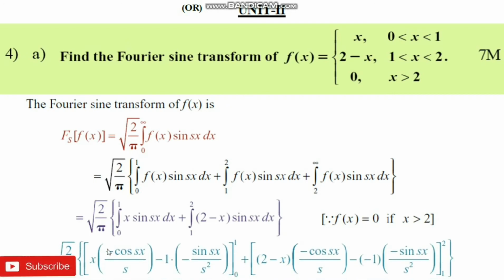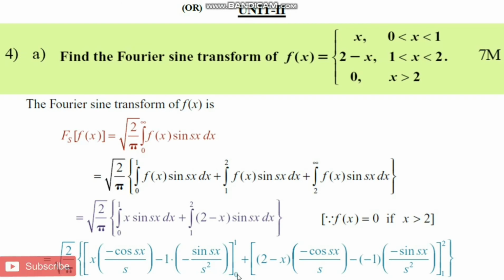Square root 2 by pi. According to Bernoulli's formula, we can evaluate these two integrals. For x sin sx: the integration is negative cosine sx by s, plus, following, the negative of the derivative of x, which is 1, times negative cosine sx by s, and its integration is negative sine sx by s square.